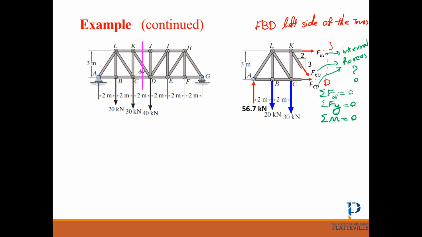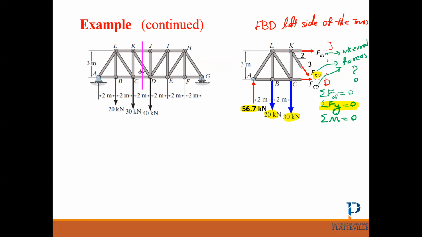So let's see, for sum of Fy, I have this force, this force, this force, and the y component of this internal force. So I have only one unknown. So sum of Fy works. If it doesn't, you start with sum of the moment.